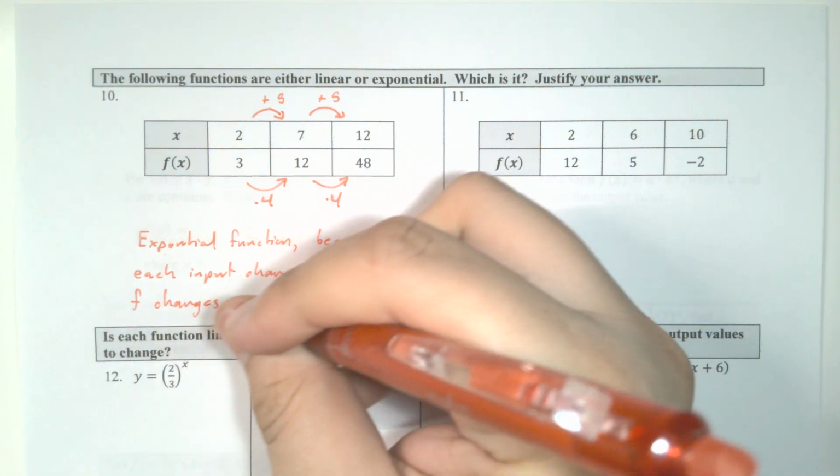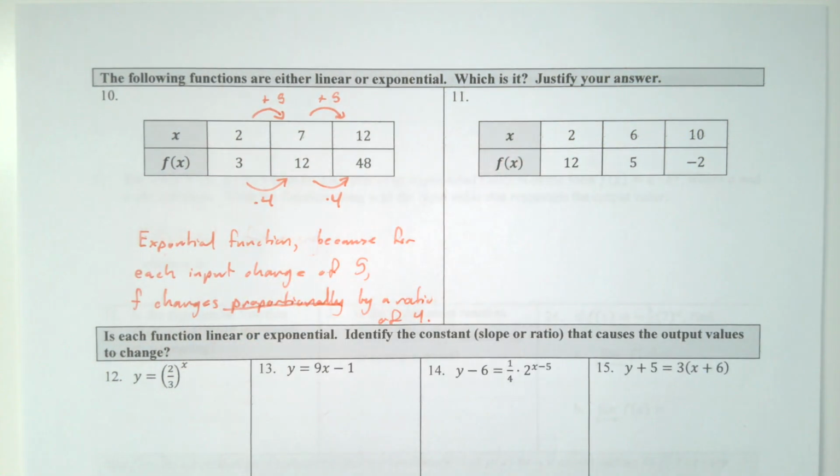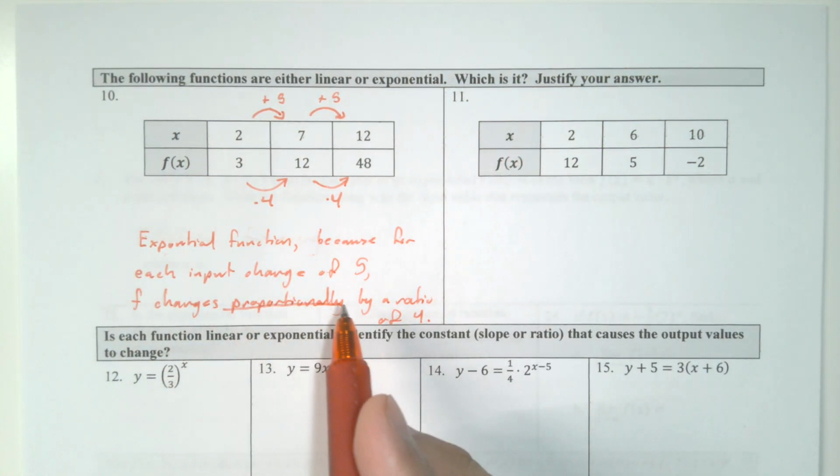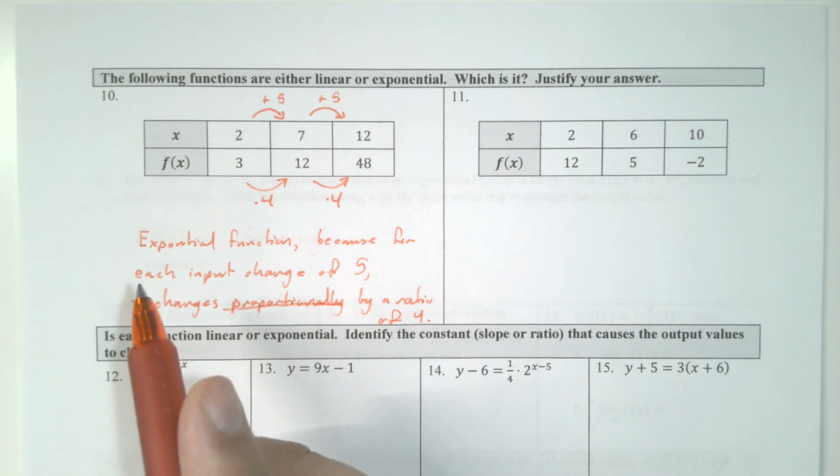So our key word here is that it changes proportionally for each input change of 5. But this is our justification for it being an exponential function.